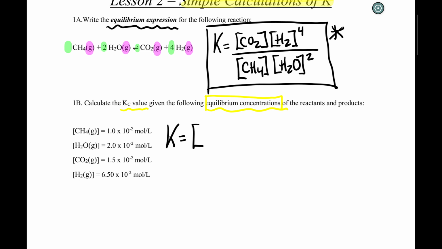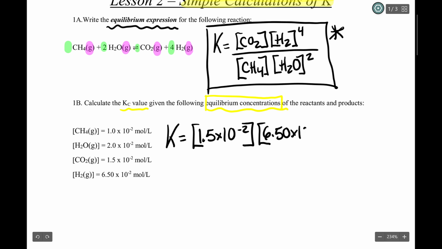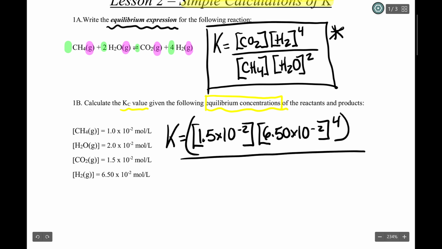Okay, so let's start with CO2 is 1.5 times 10 to the negative 2 raised to the power of 1. I have H2 at 6.50 times 10 to the negative 2 raised to the power of 4. I'm going to double bracket this so I make sure the numerator is calculated first and my calculator follows BEDMAS.